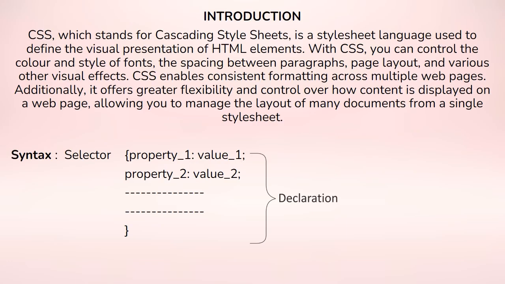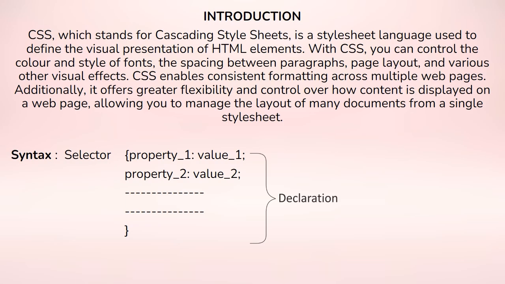Introduction. CSS, which stands for Cascading Style Sheets, is a style sheet language used to define the visual presentation of HTML elements. With CSS, you can control the color and style of fonts, the spacing between paragraphs, page layout, and various other visual effects.